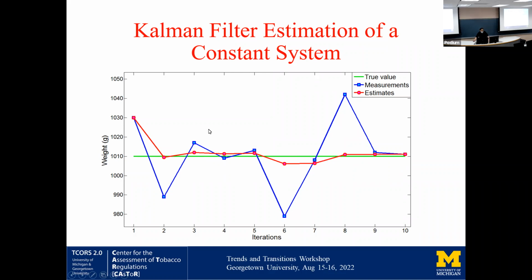And you see how volatile the observations are, but with the proper gain, this estimator has minimum variance and minimizes the mean square error. So you see how efficient it is, and that after a few observations, it just converges directly to the true value.